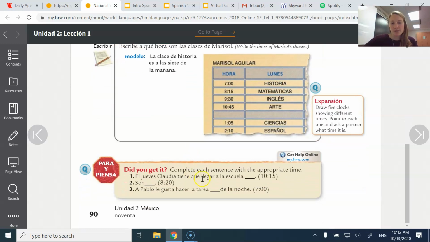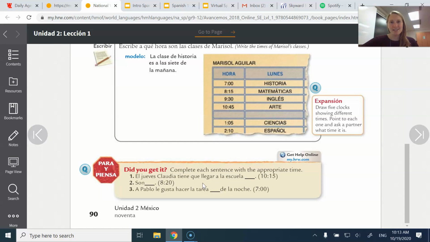Muy bien. So it says, did you get it? Complete each sentence with the appropriate time. El jueves, Claudia tiene que llegar a la escuela. Now, tiene que llegar, that is a verb of, what am I trying to say here? It's saying that she needs to do something, right? So, Claudia needs to arrive at the school a las, what is it?